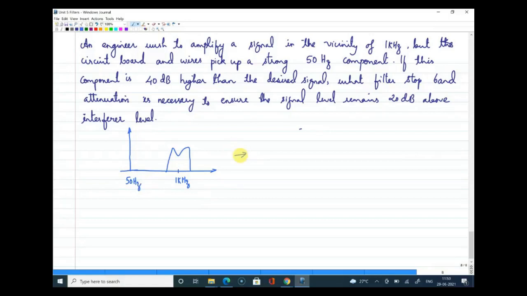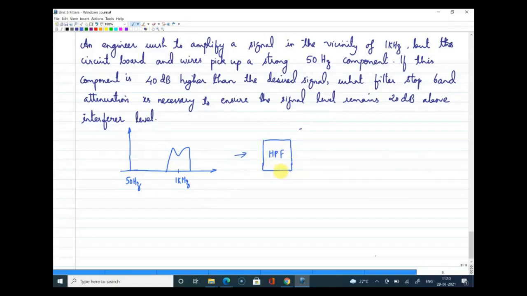All right, we will definitely go for a high pass filter, because it did not mention that there are some high frequency undesired signals. The only thing is we need to eliminate the signal which is close to 50 hertz. So we can use a high pass filter to eliminate this 50 hertz signal.